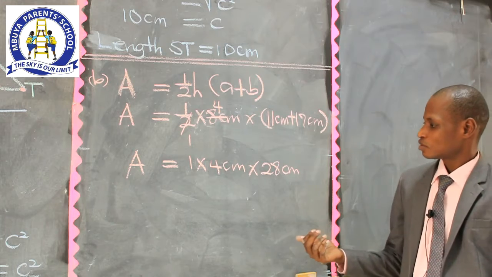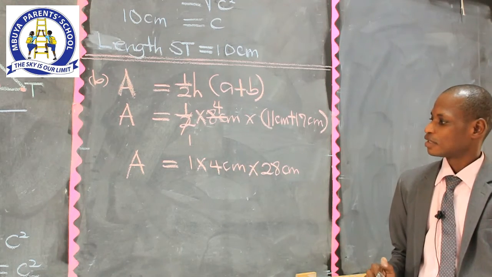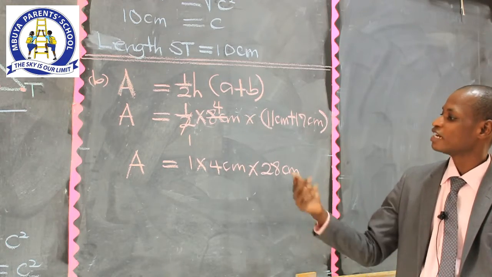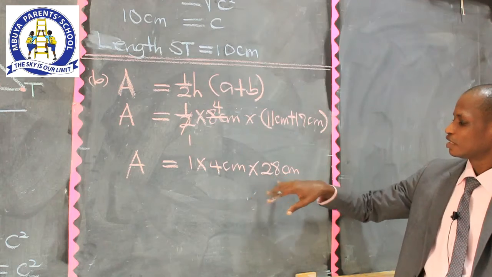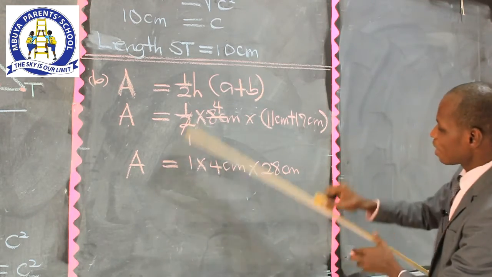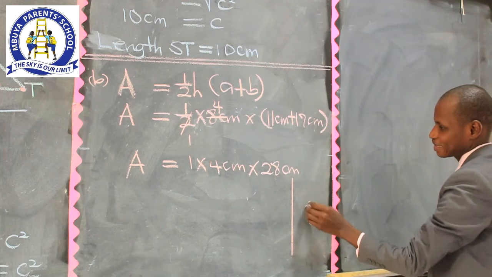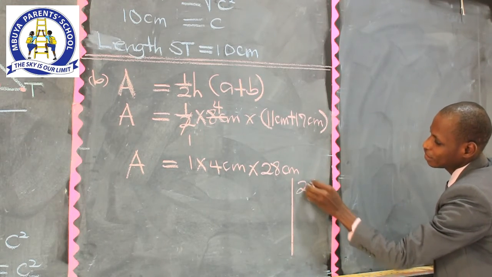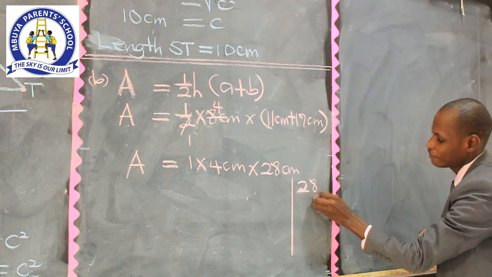From that level, the remaining part is to get the product of 1 and 4, then 28, whereby I will advise you to multiply vertically. This is 28 multiplied by 4.